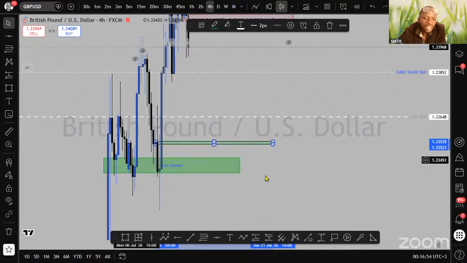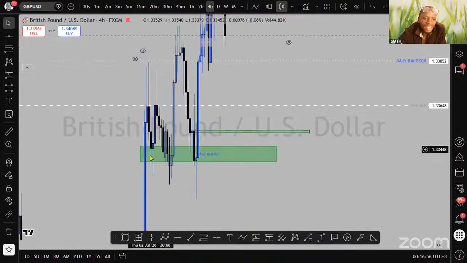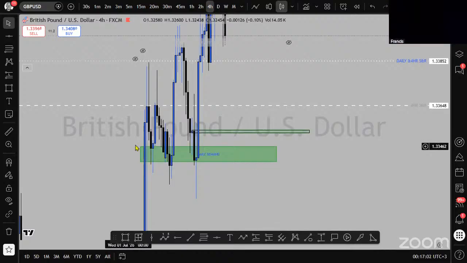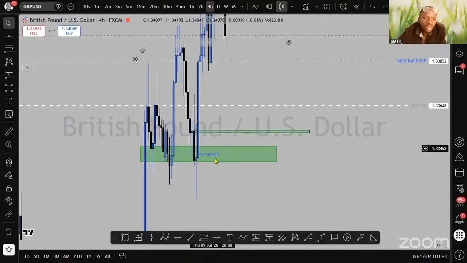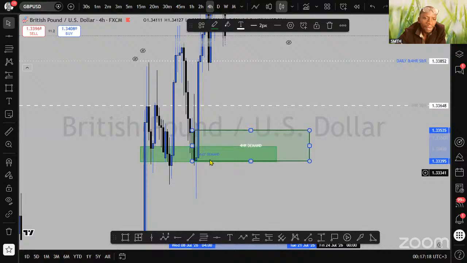Then instead of me having something like this, do I have a current information that is pointing to me? So we can actually see this is a bullish engulfing. This candle engulfed the whole of this. So instead of me even having this here and this, I can just decide to do this. Demand area, okay?